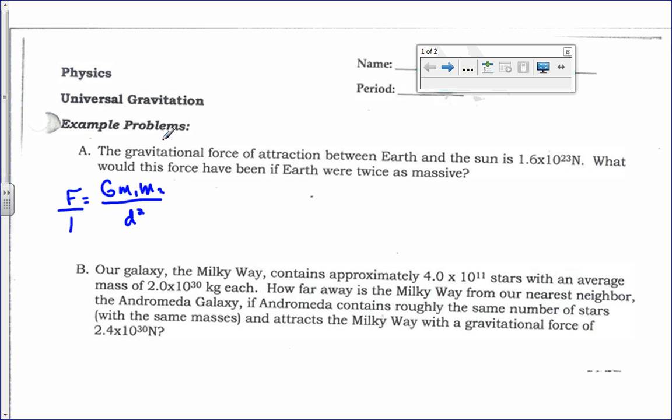All right, so the question says, what would the force be if Earth were twice as massive? Since force is proportional to the mass of object 1, we will call that Earth. This symbol means proportional.